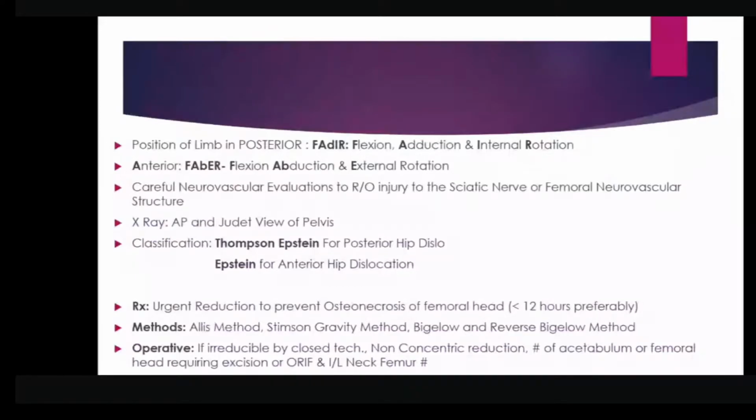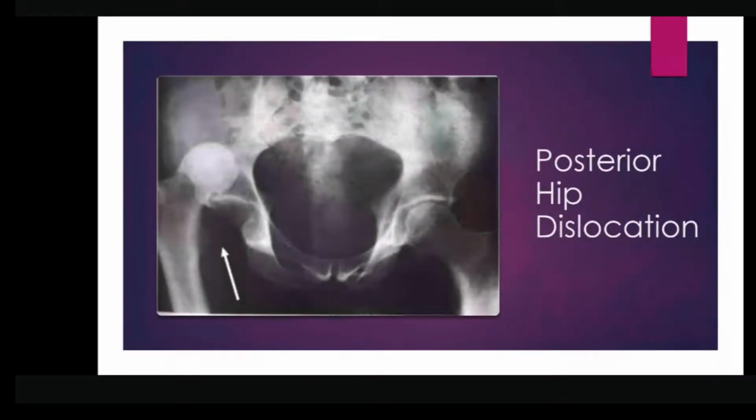Now, you should have two views. I have already mentioned one for this view, you can see the superior migration. This is the AP view. By the lateral view, you can assess whether it is posterior or anterior. Got my point? Any X-ray, you should write AP and lateral, until contraindicated.